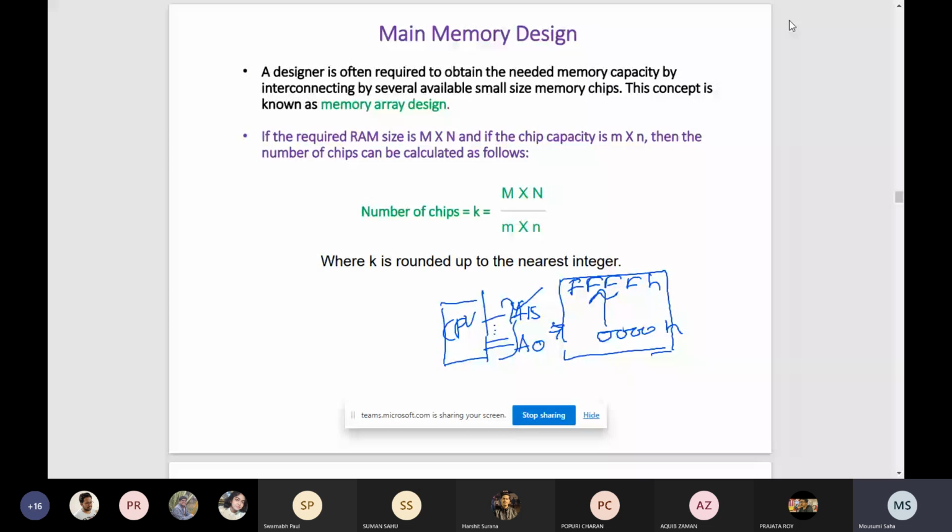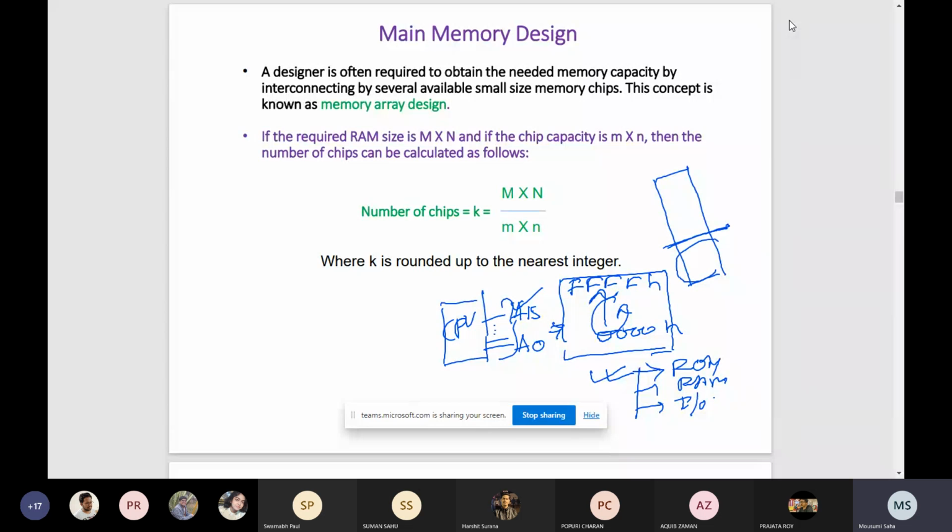What has happened in our computer system? We have ROM, we have RAM, we have different IO devices. So for the whole address space, we do not use it for designing the memory. Some part of the address space, not the memory, I am telling, is possible from 0000H to FFFFH, but we never try to use the whole address space for designing the memory.